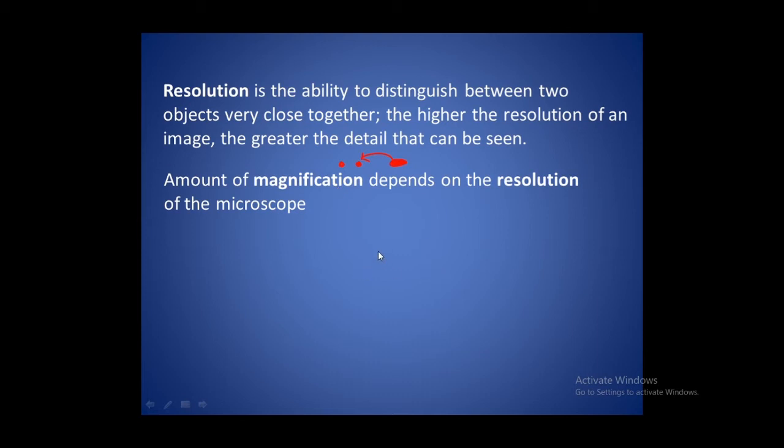Now why is it so? Why is resolution creating so much of a problem in observing the samples? Resolution, as I told you, is linked with the nature of light. So I'll just write down here: resolution greatly depends on the nature of light.